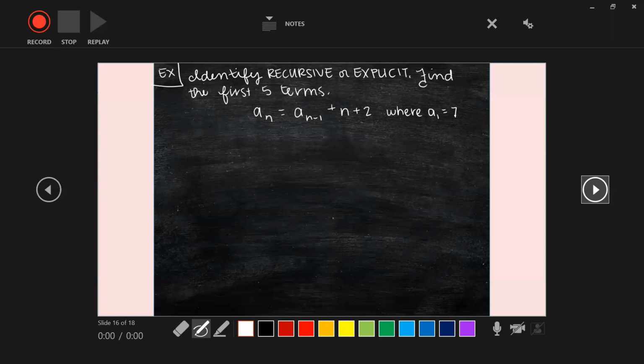There's 2 different things here that we can identify that tell us that it's recursive. What 2 things are they? I put it in your definition. Yeah, so we have an initial condition. What else?